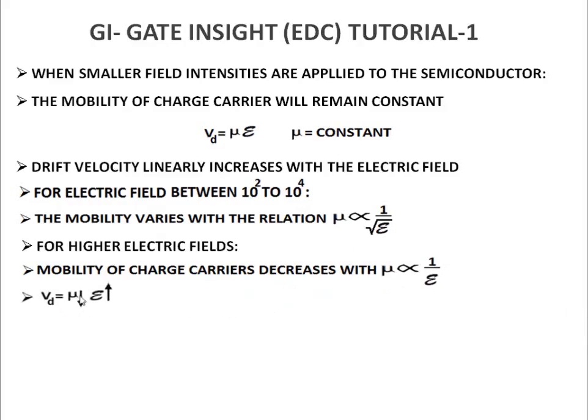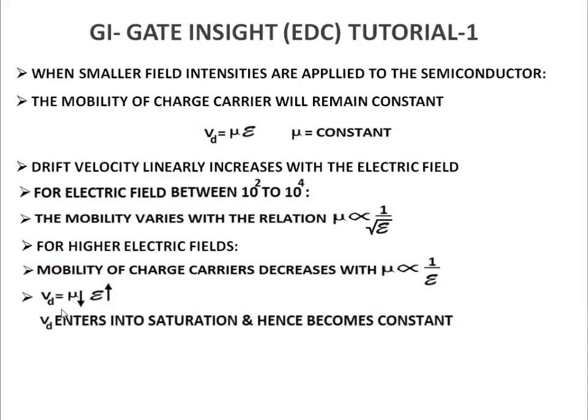So here we can see that mobility is decreasing and electric field is increasing. So one value is increasing and one value is decreasing. Multiplying both of them, we get a constant value. So for higher electric fields, the drift velocity remains constant. So Vd enters into saturation and hence becomes constant.